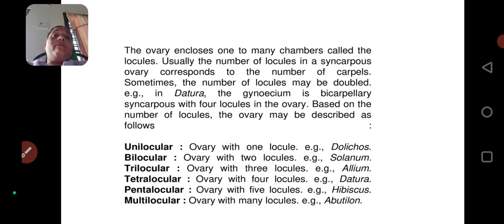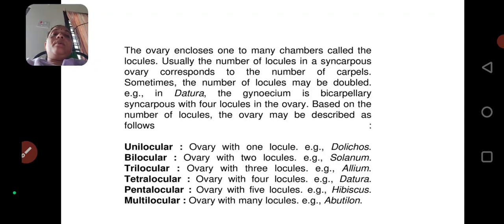Like the carpels, these are also divided like this. The terms monocarpellary, bicarpellary, tricarpellary, tetracarpellary, pentacarpellary and multicarpellary belong to the carpels. Based on the locules, they are unilocular, bilocular, trilocular, tetralocular, pentalocular and multilocular. Unilocular means an ovary with 1 locule, example dolichos.